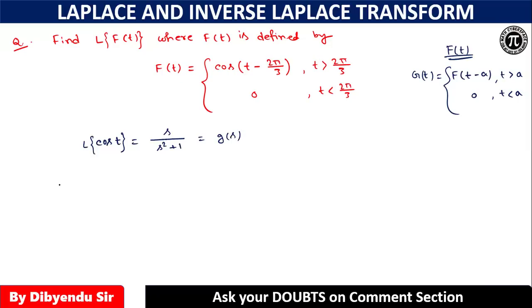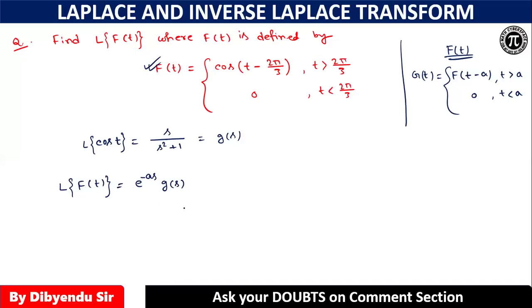So what will be Laplace of f of t? According to the given property, our f of t is g t. So what is Laplace of f of t? Simple, you have to multiply e to the power minus as with f of s, and here f of s means g of s.